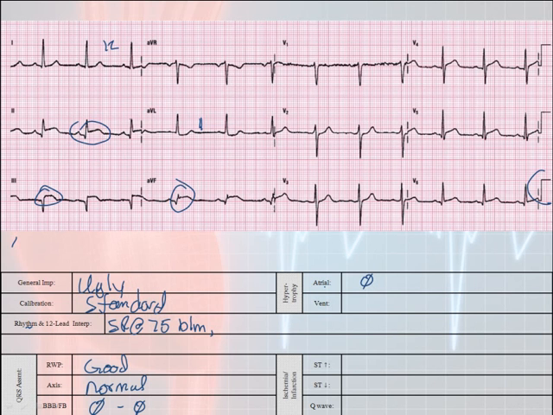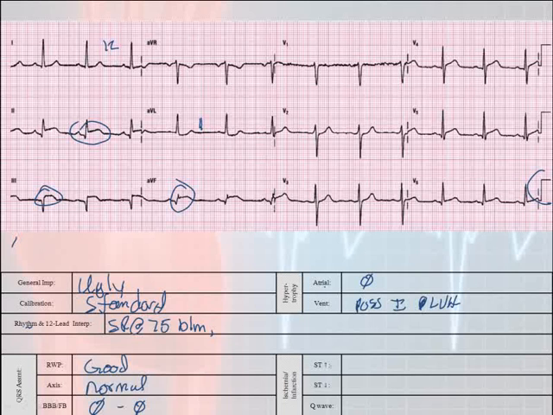So it's possible it might be here. Possible 1. Left ventricular hypertrophy, and we don't have any right ventricular hypertrophy. No positive, no. The R wave needs to be bigger than the S wave, and it's not.